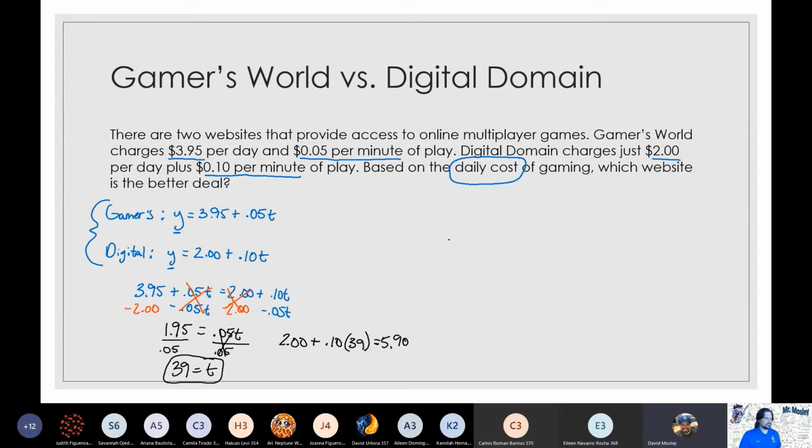So what that means is that at 39 minutes of daily play, the two websites both cost $5.90.